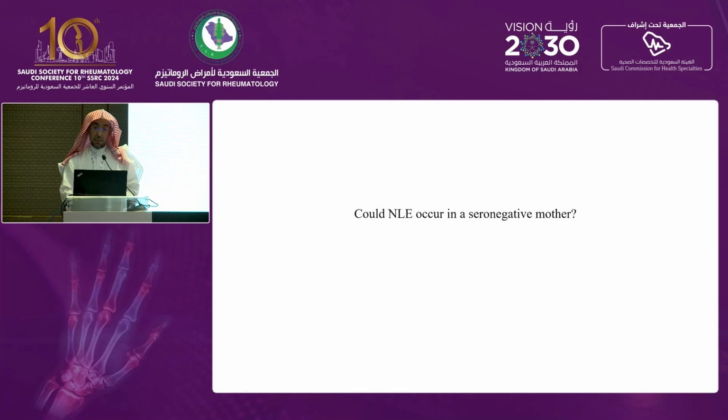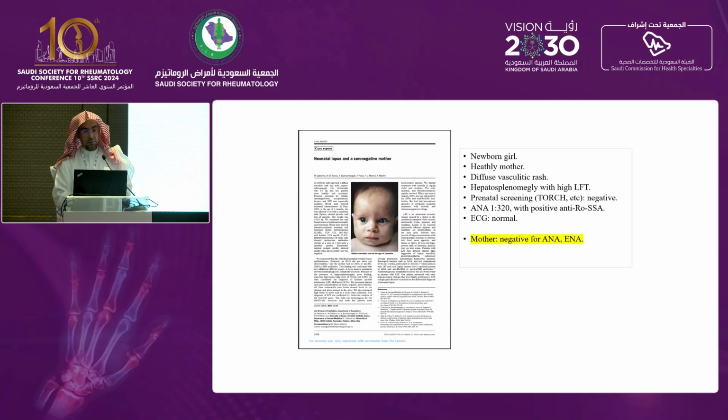This is a report in the Lancet journal, which is a well-known journal, reported by well-known figures, Alberto Martini and Marco Gattorno, and they reported a newborn girl, healthy mother, diffuse vasculitis, rash, hepatosplenomegaly with high liver function tests, and the child has ANA positive and anti-Ro positive, and she had a normal EKG, and the mother was negative for ANA and ENA.